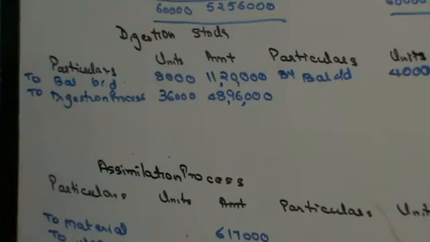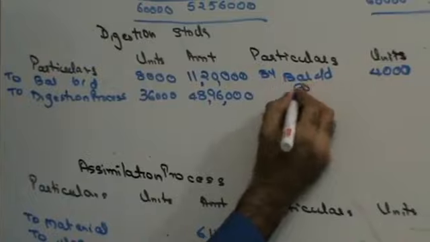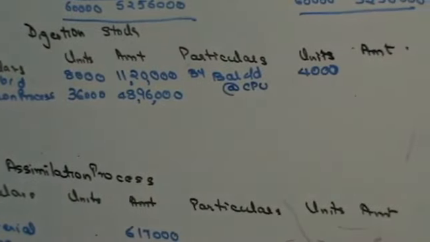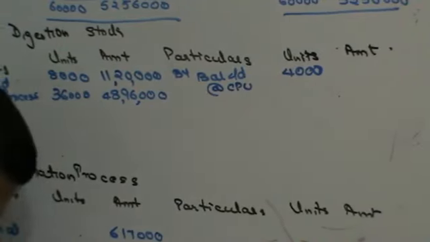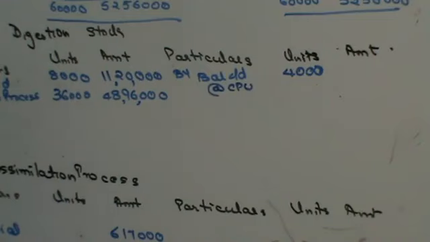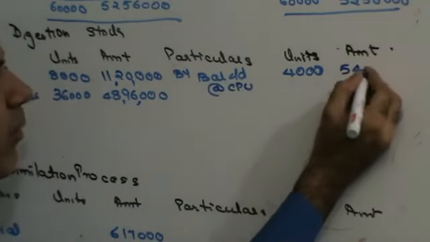Okay. Now closing stock is 4,000 units. Closing stock is always to be valued at CPU. So multiply 4,000 by the CPU. CPU is 136. So if I multiply 4,000 by 136, I'll get 5,44,000.